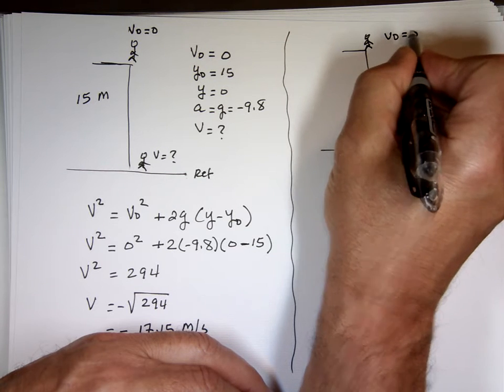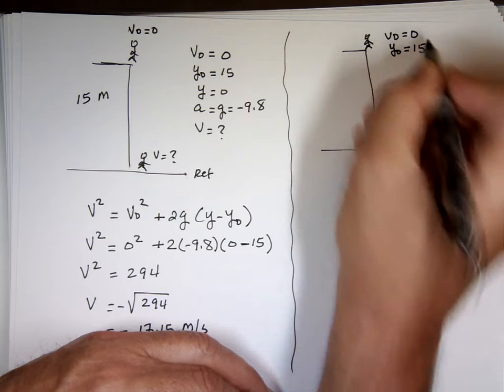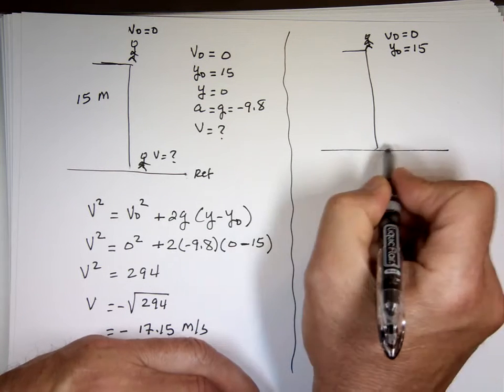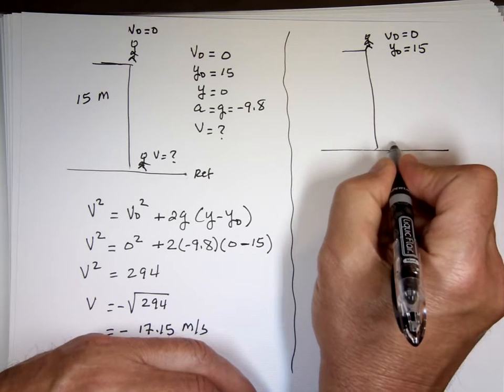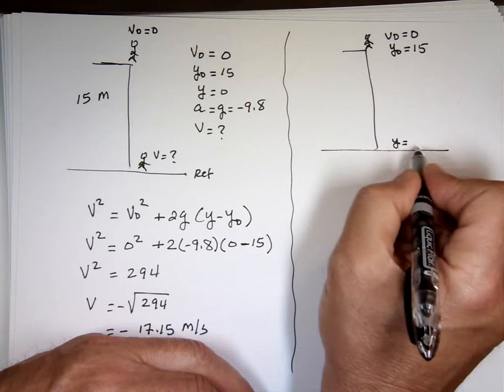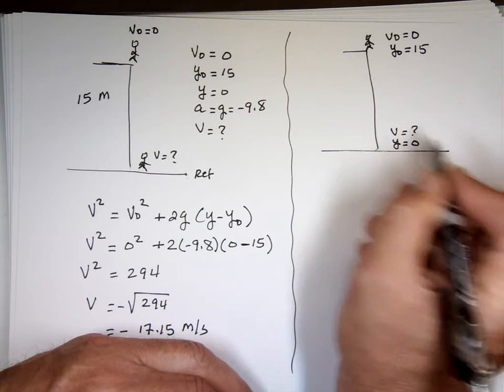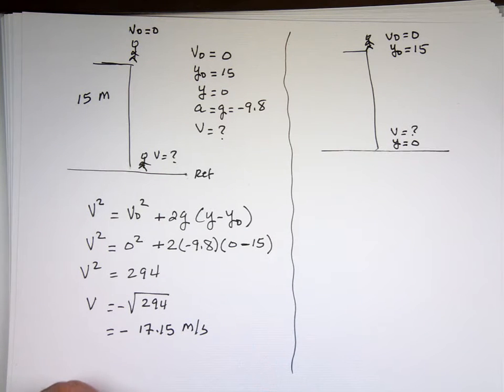We know the initial height is what? 15. Right at the bottom here, we know the final height, which is what? 0. What is the final speed? Unknown. We're looking for it.